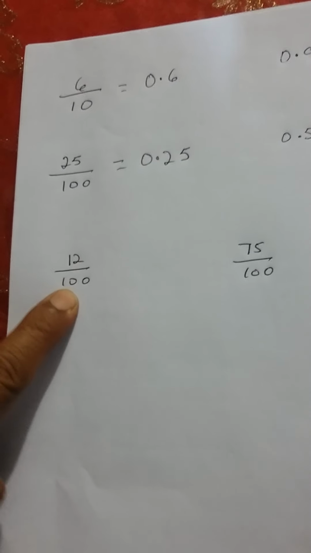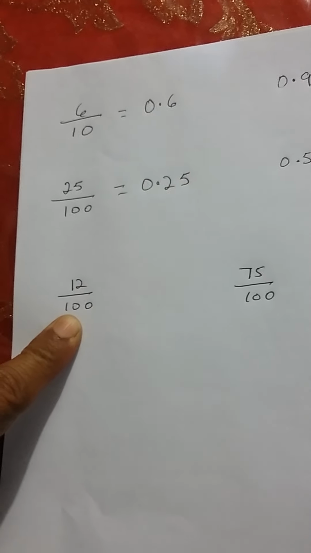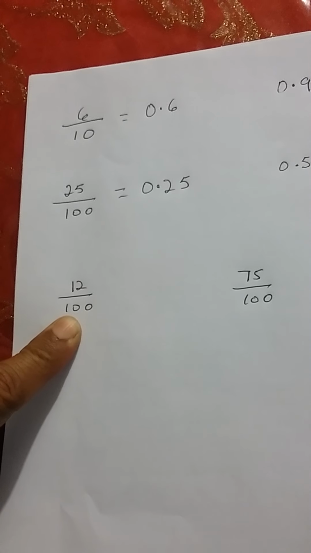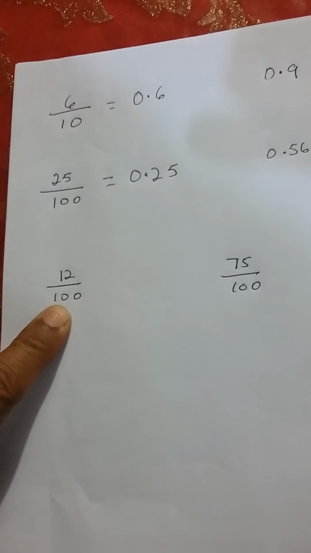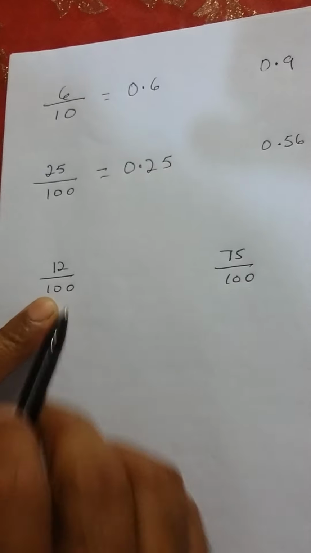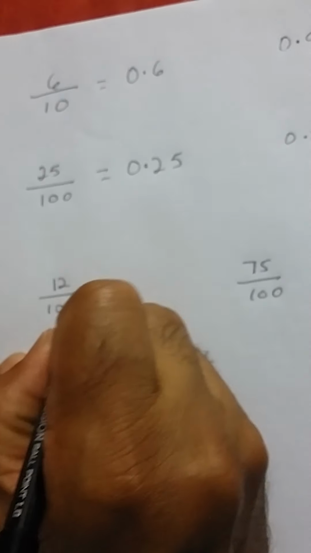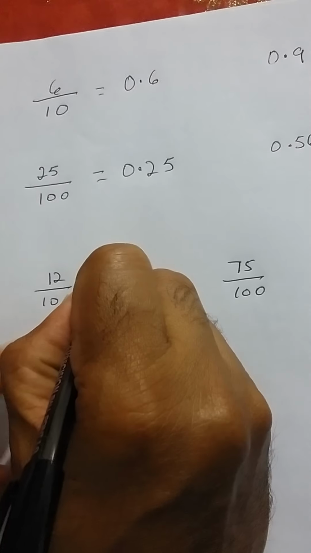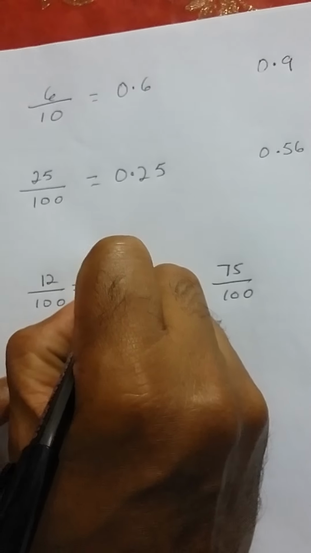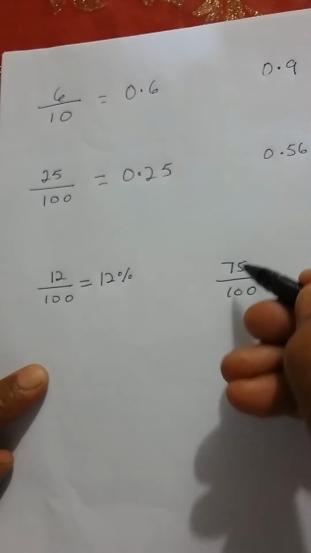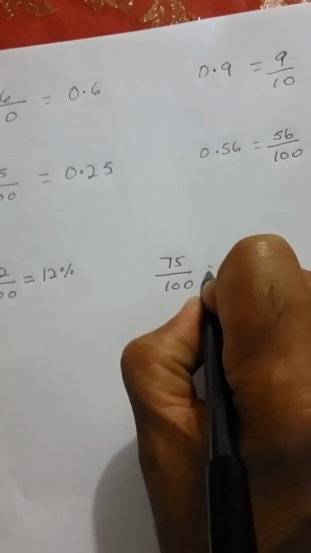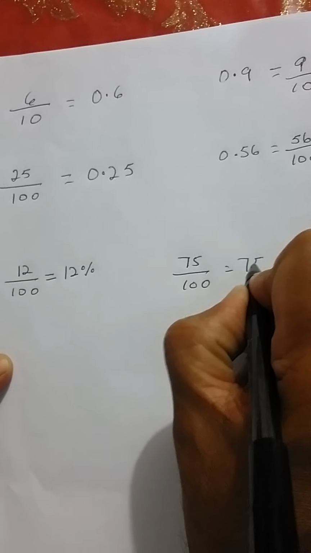Fractions with a denominator of 100 are called a percent. Another way of saying 12 hundredths is 12%. 75 hundredths is 75%.